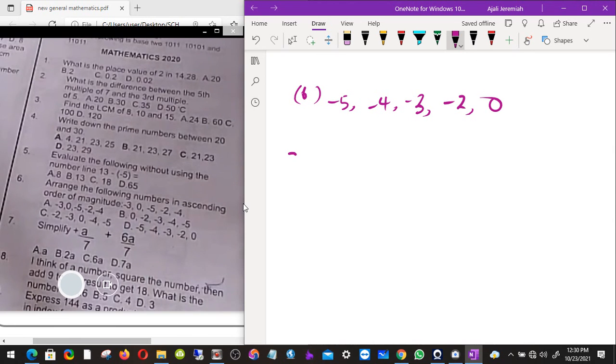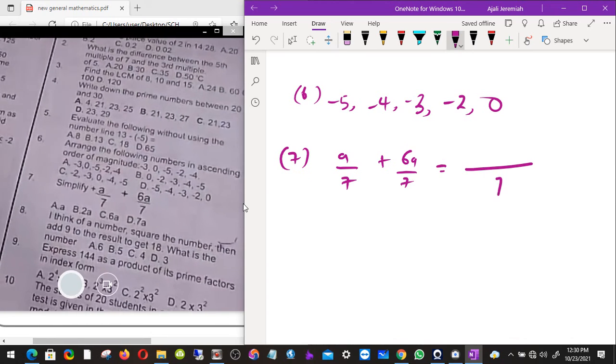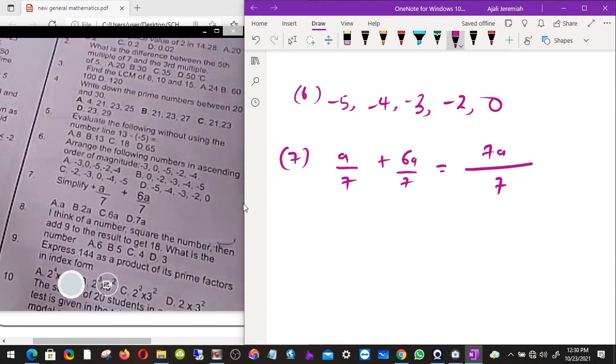Right? Number 7. Simplify A over 7 plus 6A over 7. Since the denominators are the same, we can take one. 6A plus A is 7A. 7 cancels 7, that gives us A, right?